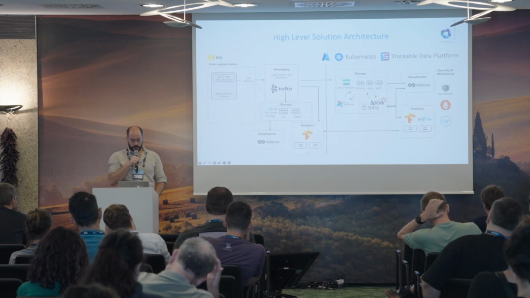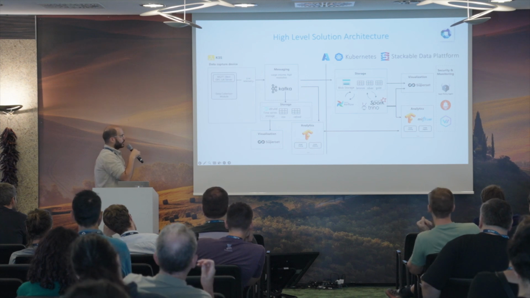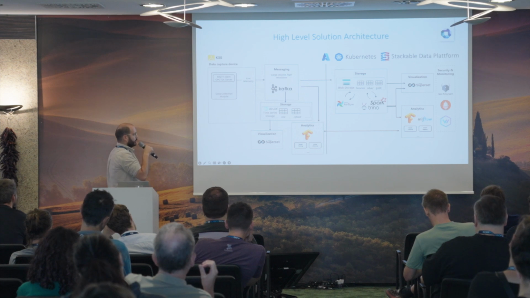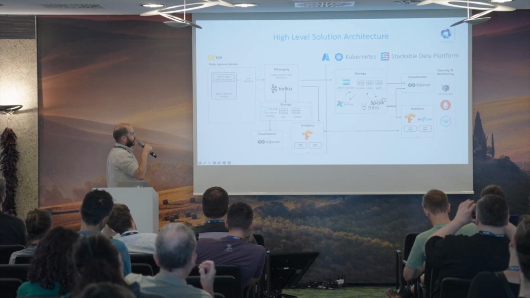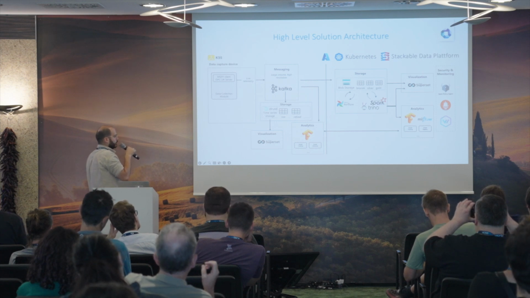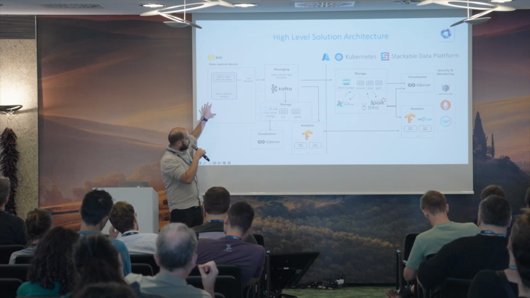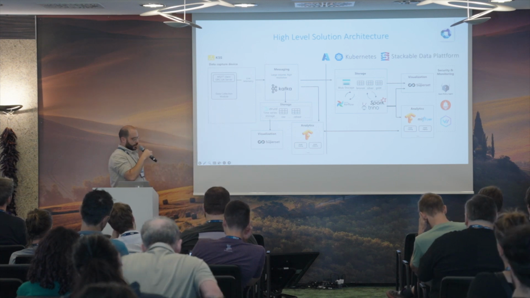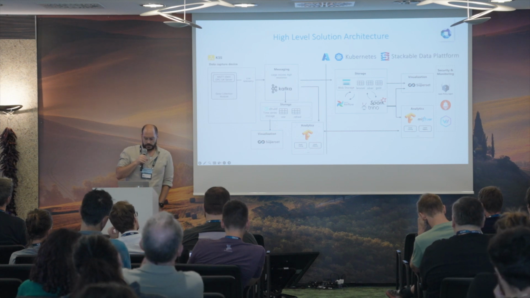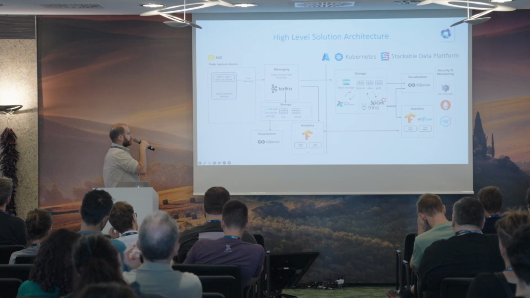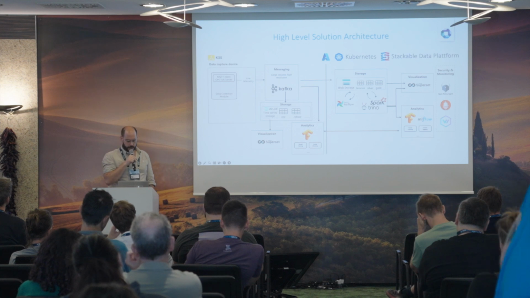Then let's have a look at the high-level architecture. Here we can see how we set it up in the hybrid cloud environment. This is all on the edge, on the ship. There we have our k3s Kubernetes deployment, and an MQTT broker which gets the live telemetry data and pushes it into Kafka.